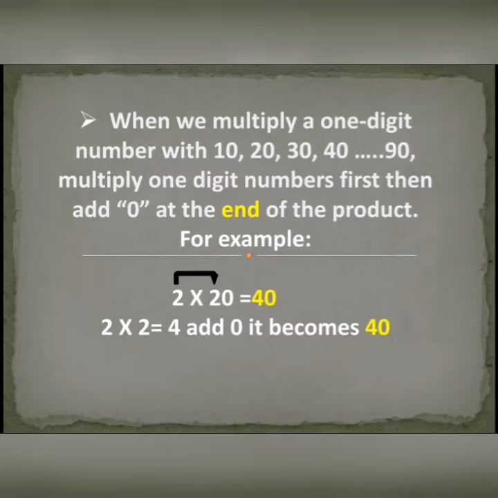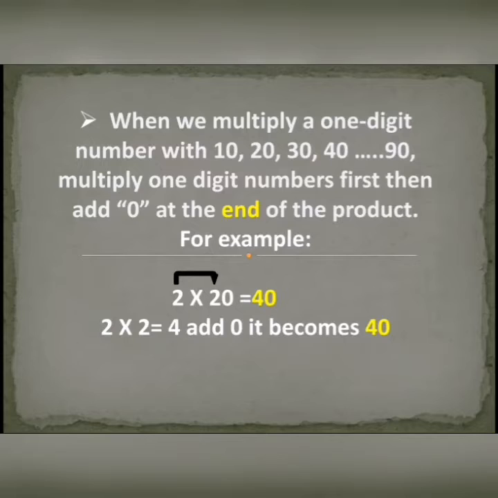So 2 times 20, if you're going to think about it, 20 is a big number. It's going to be difficult if we multiply it that way. So what we are going to do is we will just multiply the first digit of the number 20. The first digit for number 20 is 2.